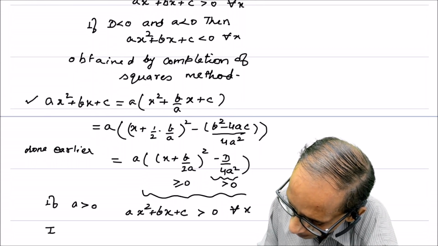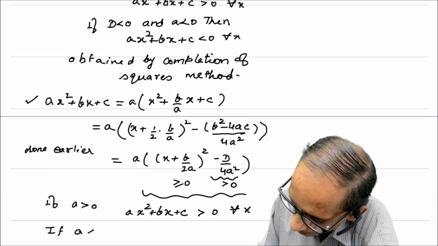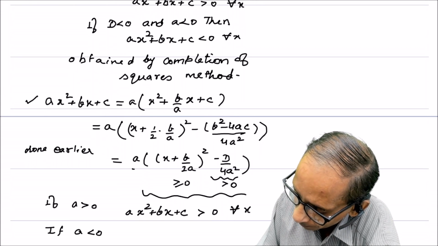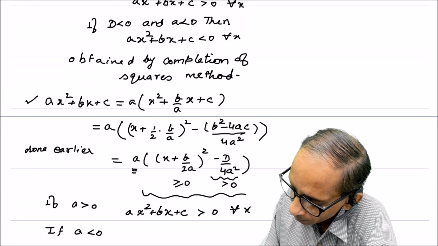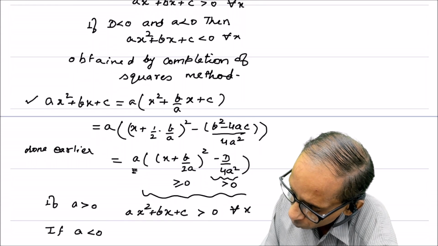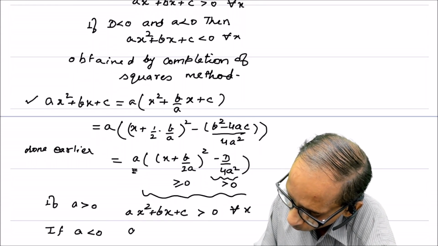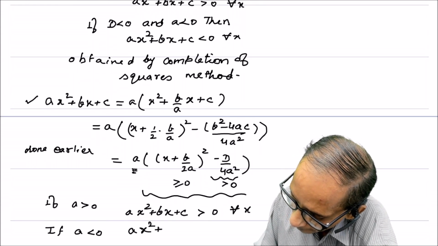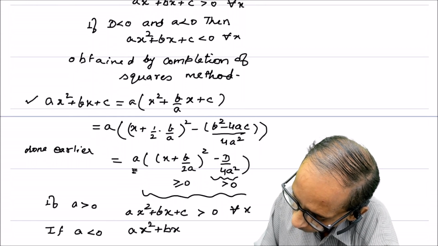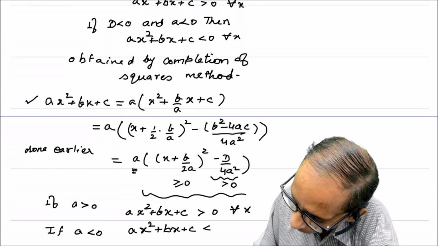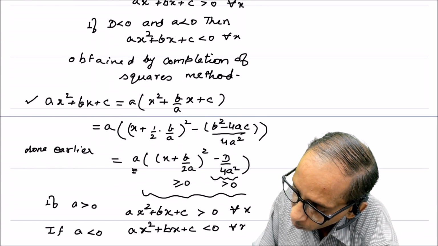And in case our a is negative, then negative into positive turns out to be negative for all x.